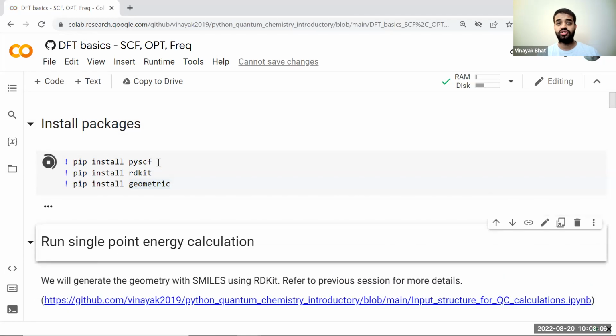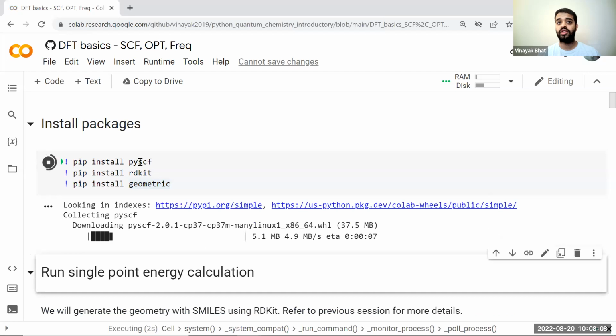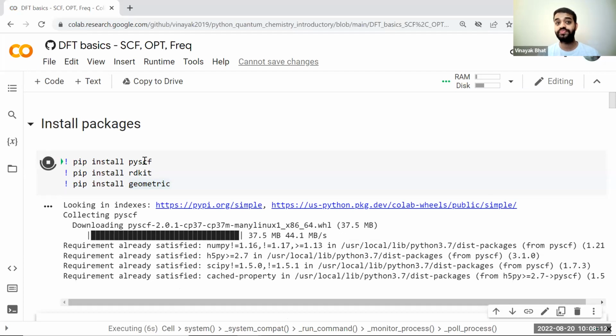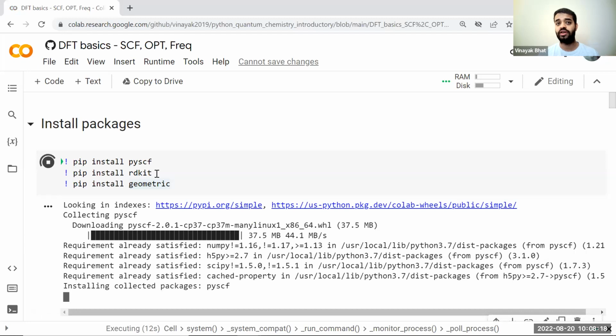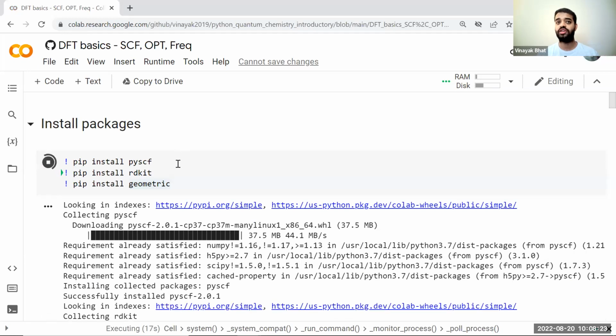The first package is PySCF, and that is what we are going to use for running DFT calculations. RDKit is what we will use for structure generation. This was discussed in greater detail in session 1, how we can generate the input structures for DFT calculations with RDKit. So we'll generate some structures with this.